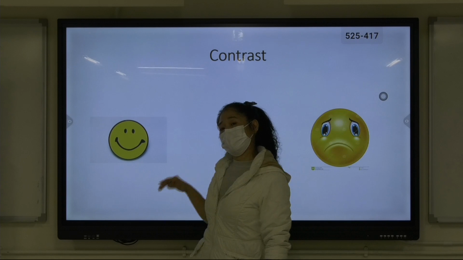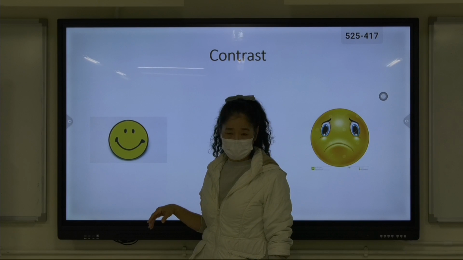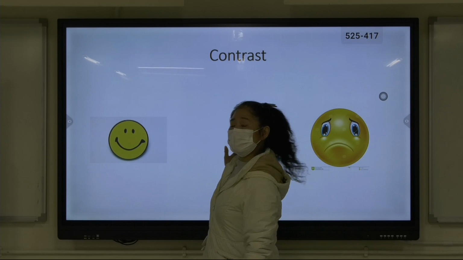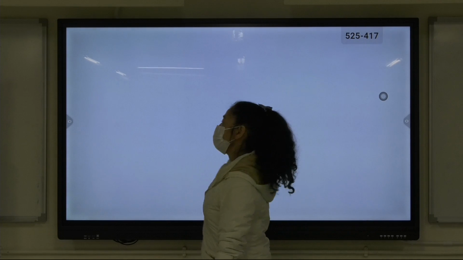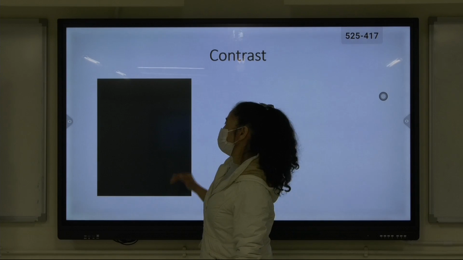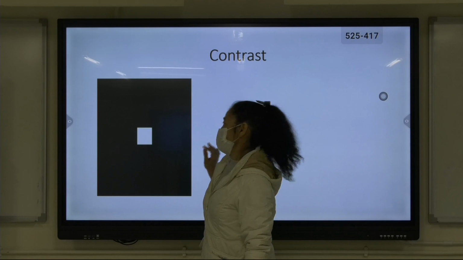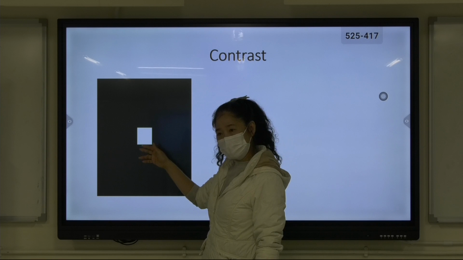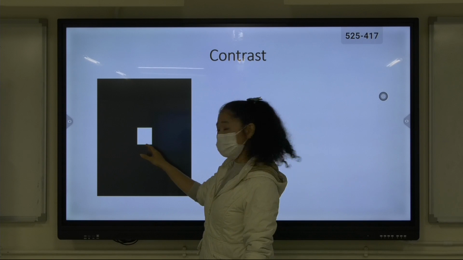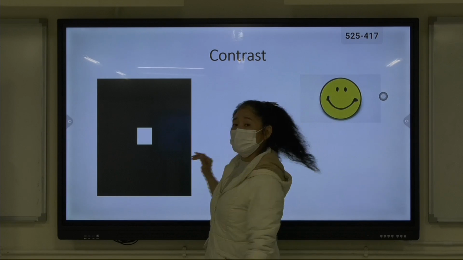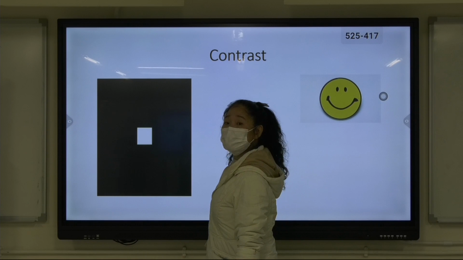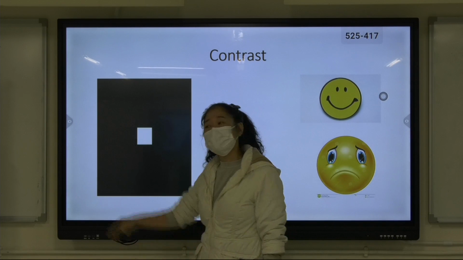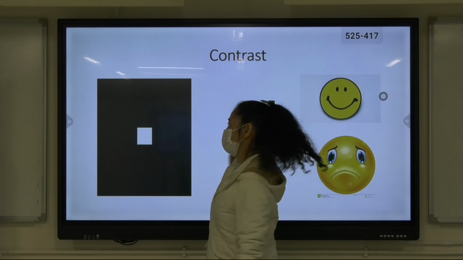Happy, sad, contrast. So contrasts include black contrast to white, big contrast to small, happy contrast to sad. So these are contrast ideas.